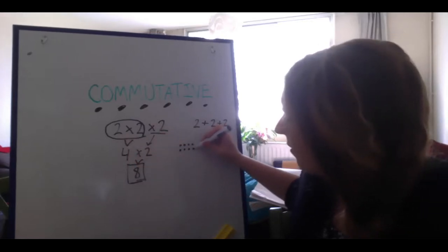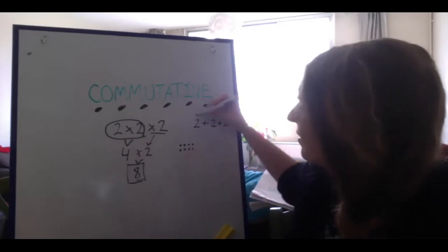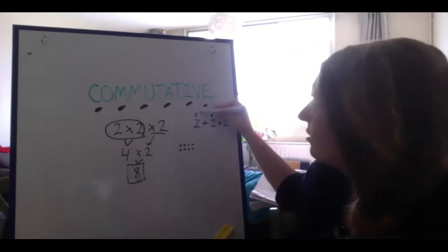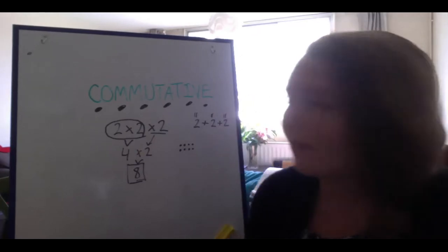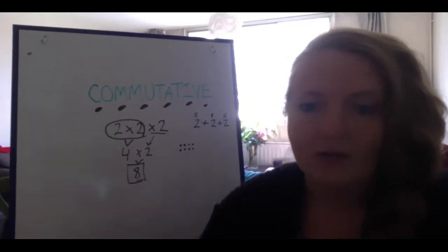So I'm going to mirror it so you can see that that is my 8. Whereas this is your 3 groups of 2, which is 2, 4, 6. Very important here that you are paying attention to what it's asking you.